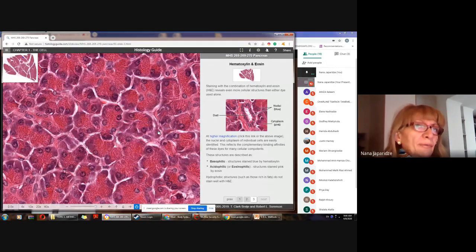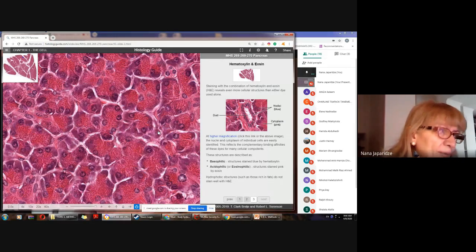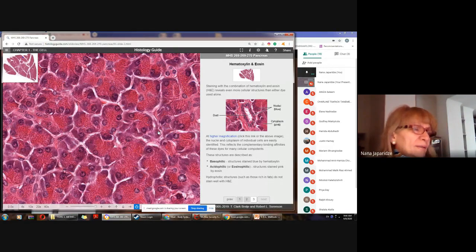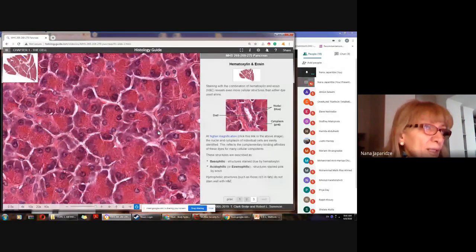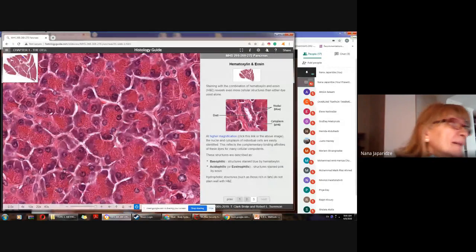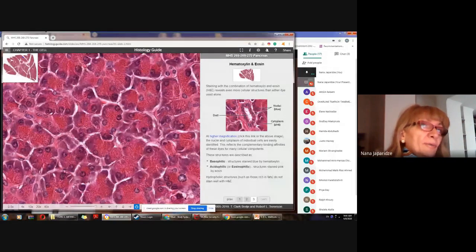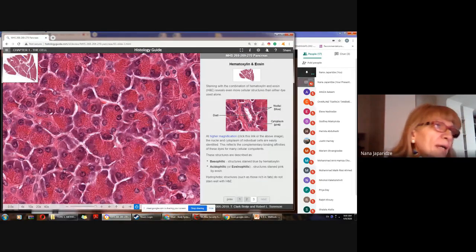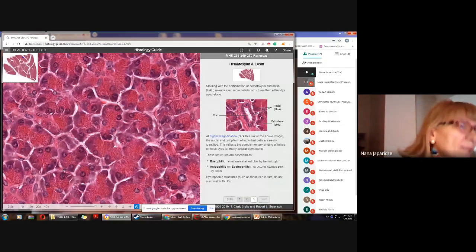First of all, we have different types of dyes, and using these dyes, we are able to stain different parts of cells well. These are basic dyes and acidic dyes. The method of staining itself might be basophilic or acidophilic. And when we use these different types of staining, different parts of cells become well stained.